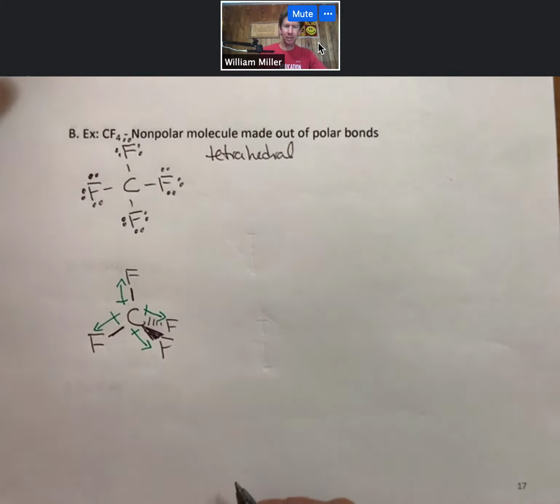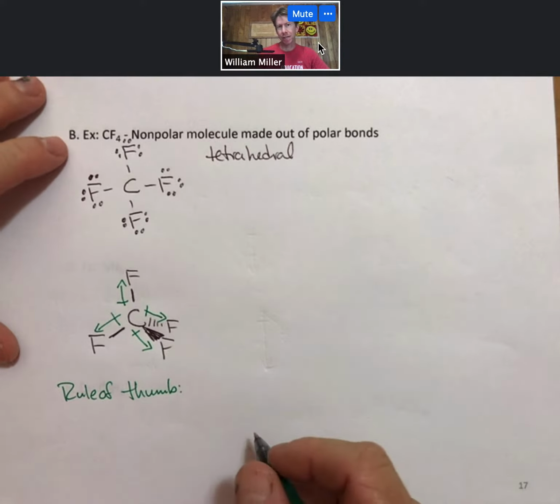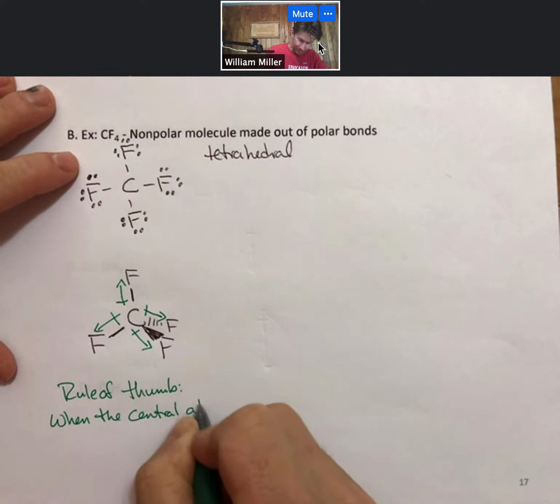However, we can see that the central atom is surrounded by all things that are exactly the same, and we have a rule of thumb. That is, when the central atom is surrounded by all dipoles that are exactly the same, and I'm going to amend that statement just in a second, actually.